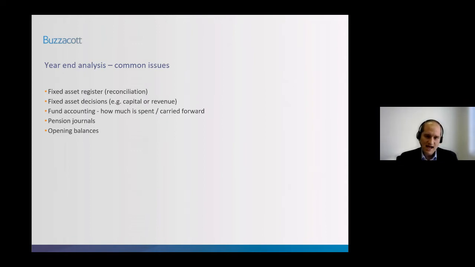Another key aspect of this is decisions around whether items are capital or revenue in nature. Academy trusts often have a number of buildings, but often that's all on their balance sheet as a single figure in their fixed asset register, perhaps because they base the building value on an ESFA valuation. It's difficult to break down into components.